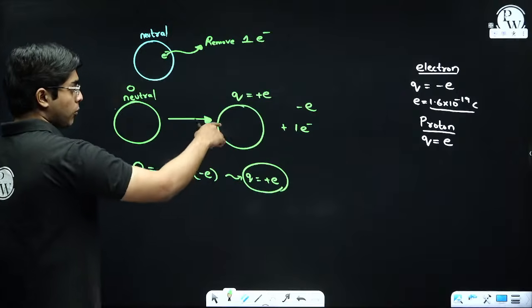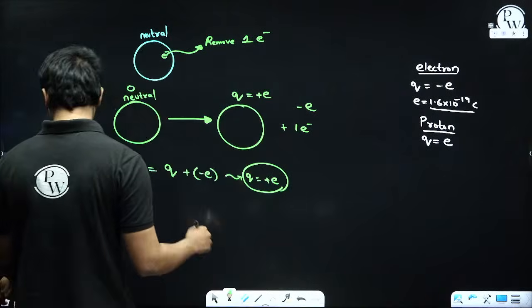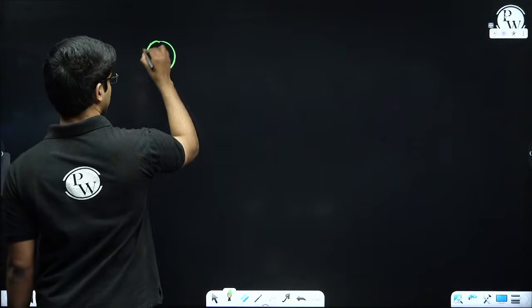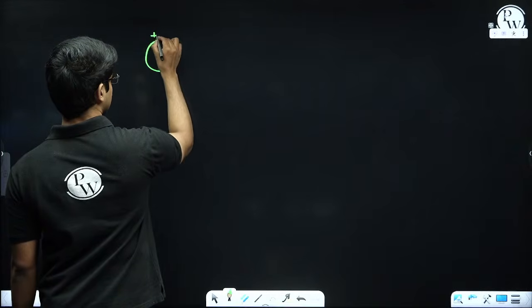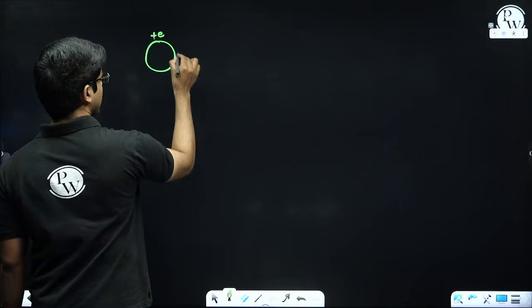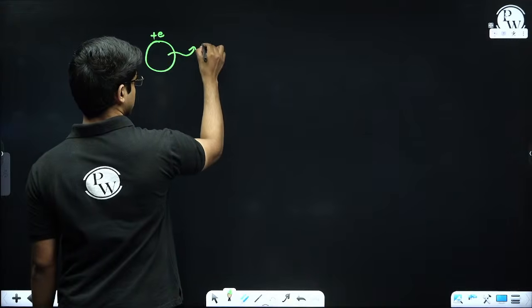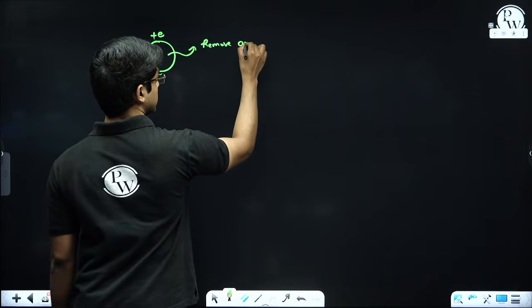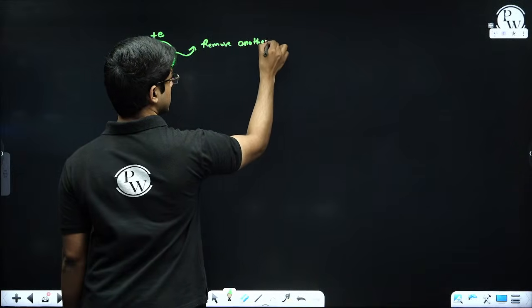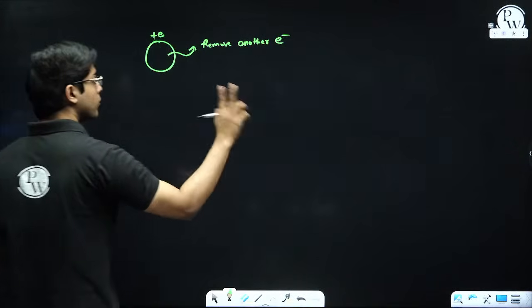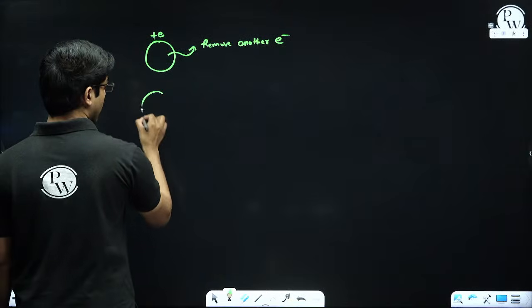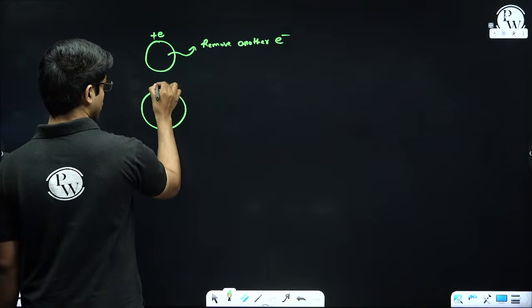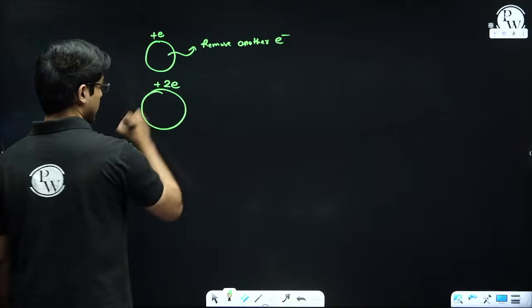Now let's say we pull out one more electron from this neutral body which is charged to plus e. Remove another electron. So far we removed 2 electrons, right? So now the charge on the body will be plus 2e using the same logic.